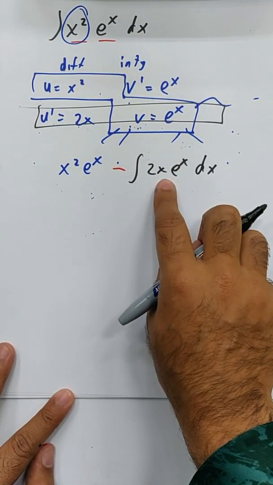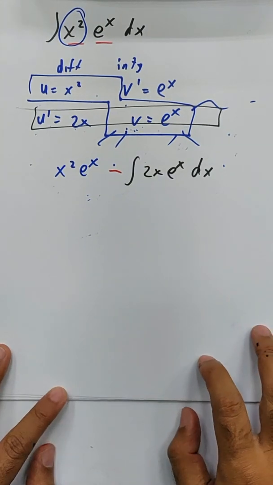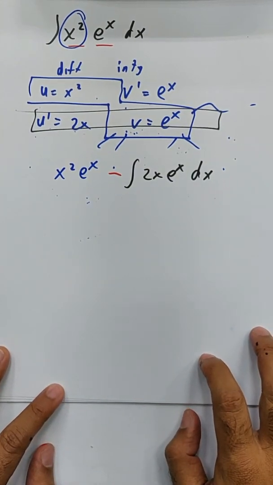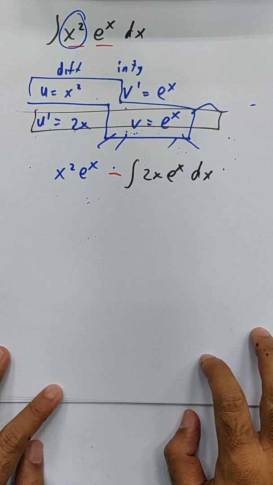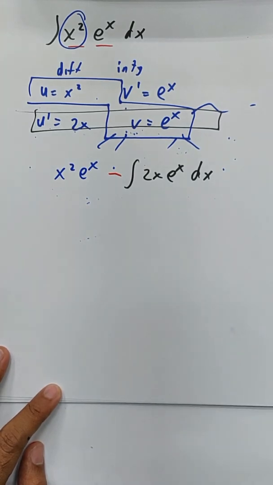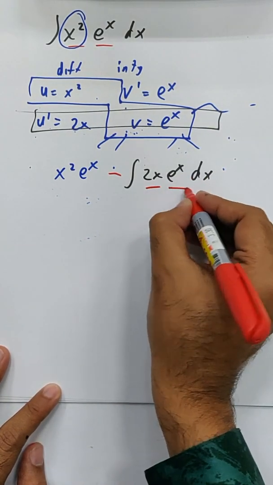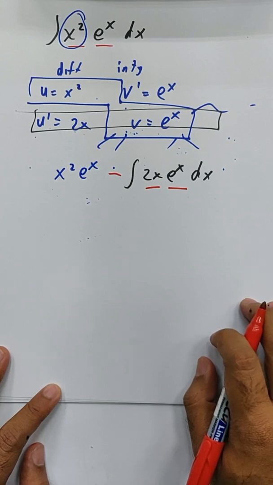Okay, now differentiating 2x e^x, how? Do the same thing? What do you mean by do the same thing? Integration by parts. Why? Because you see, two different things. Very good.